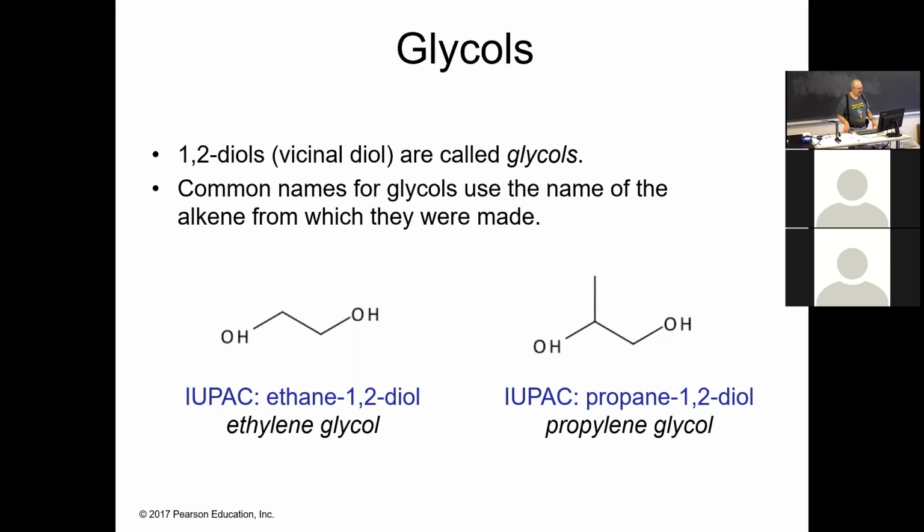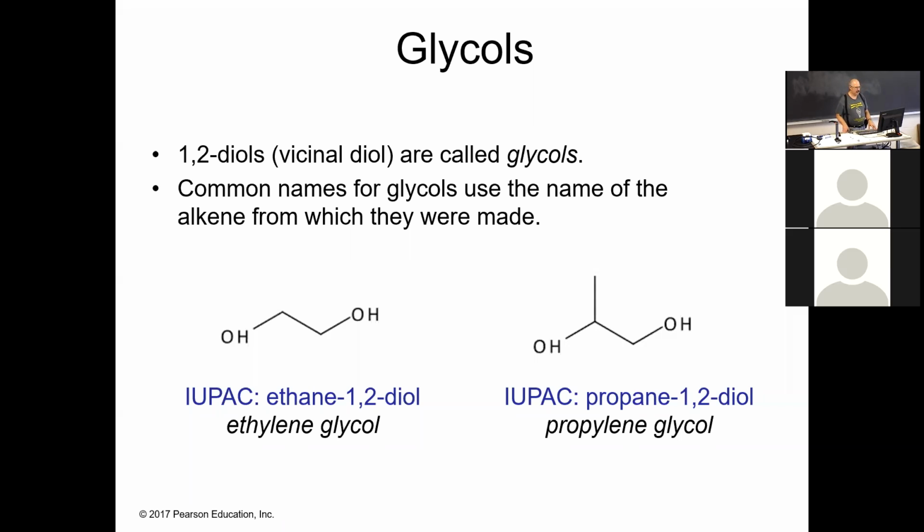That is because this was made from ethylene. This is the glycol that was made from ethylene. And then this is propane-1,2-diol, or propylene glycol. Both of these compounds are used as antifreeze and coolant in car radiators.